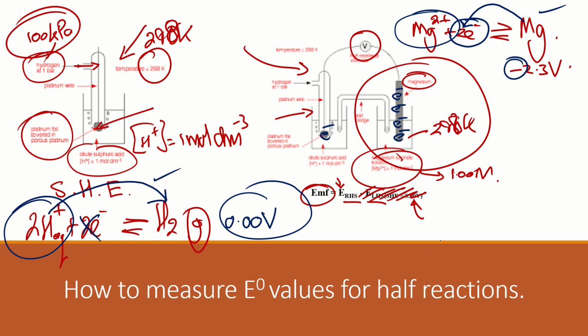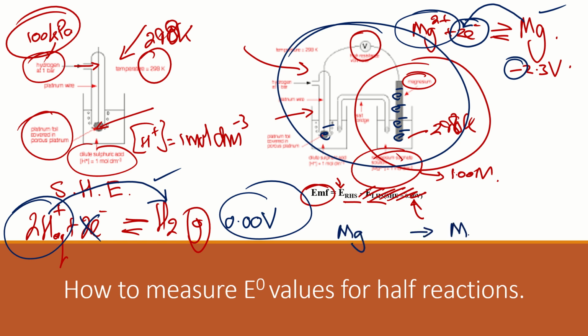Next thing the examiner might say to you is, write an equation if these two half cells are combined in a whole cell. So what would happen? Magnesium undergoes oxidation and it goes to magnesium 2 plus. The net reaction in the hydrogen half cell is that the hydrogen ions go to hydrogen gas.